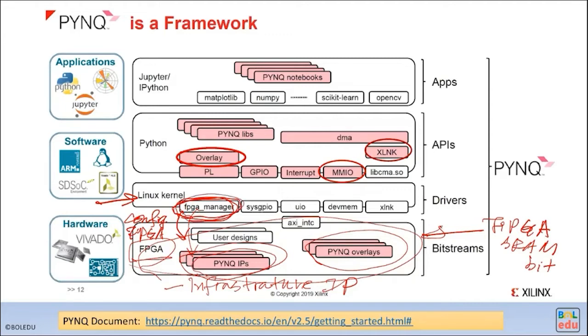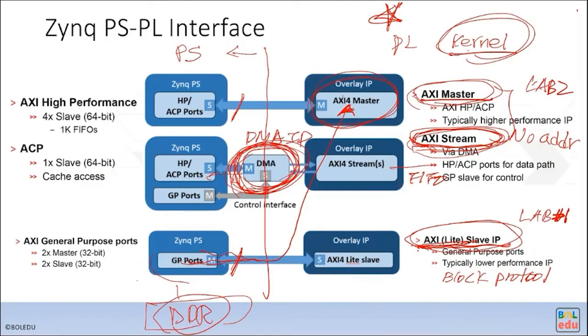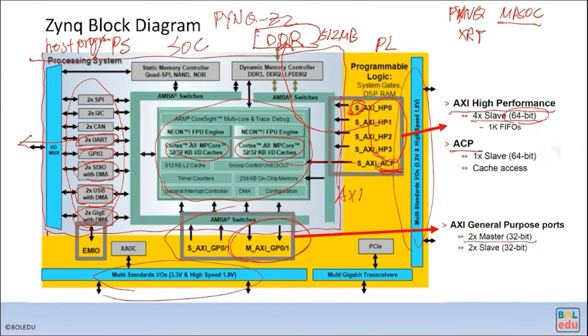And this is the system GPIO, because the FPGA side has a lot of general purpose IO ports. Like in here, we see there are many general purpose IO ports.